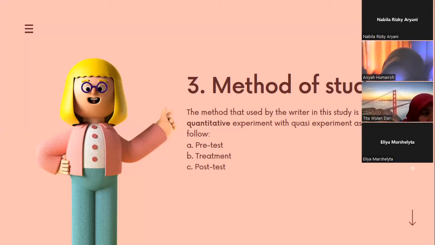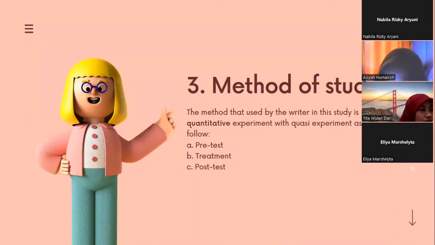First is the pre-test, in order to know students' ability in speaking. The pre-test is given before the treatment. The writer will give the pre-test to know the students' speaking ability before treatment. And the second is treatment. In the treatment, the writer used the Will Decide application for teaching in the classroom.